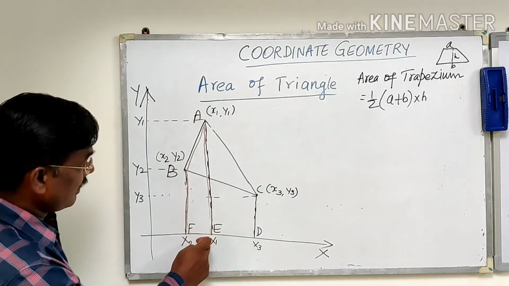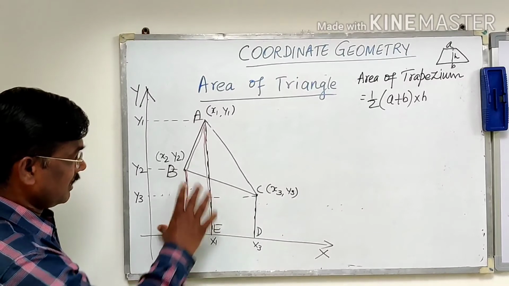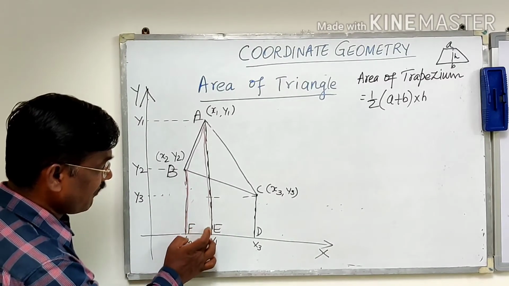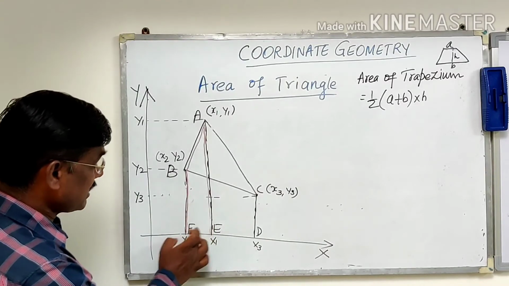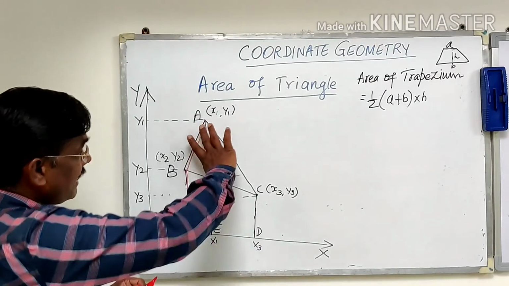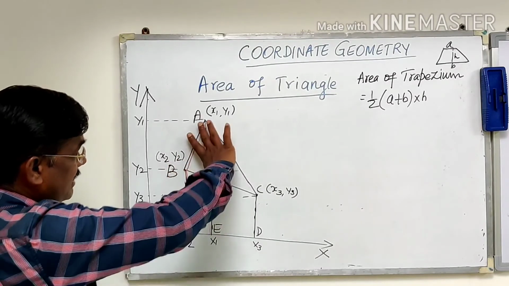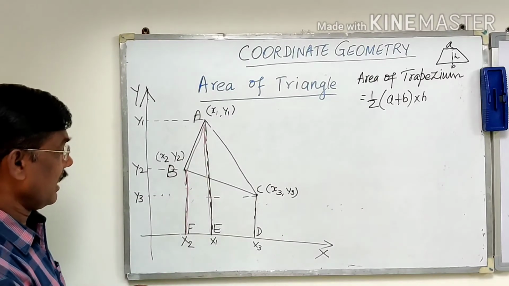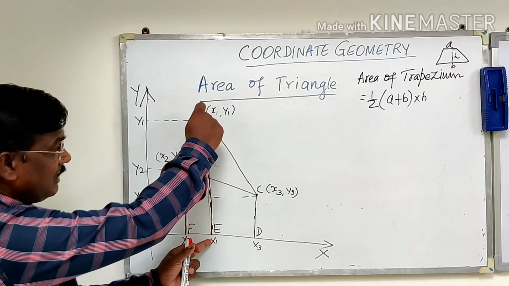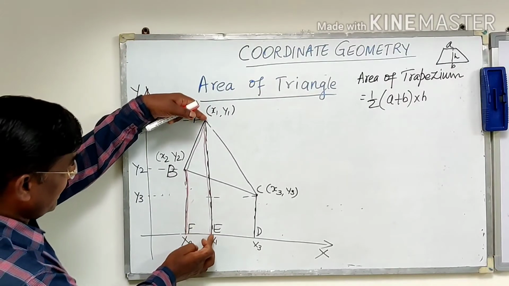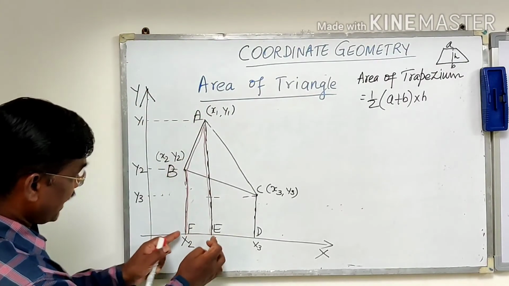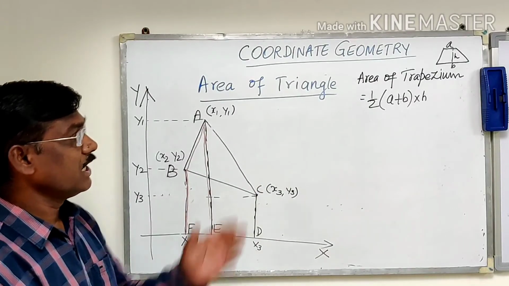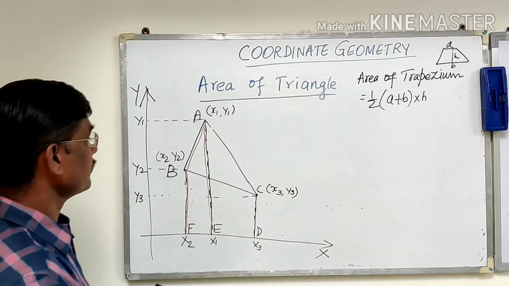A, E and B, F. And what is the height? Height is the distance between F and E. These two lines are the opposite parallel sides. Now, if we know the length of AE and BF and FE, we can substitute in the formula for area of trapezium, right?